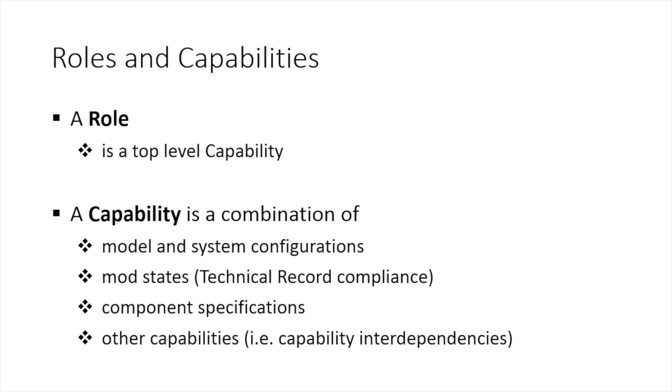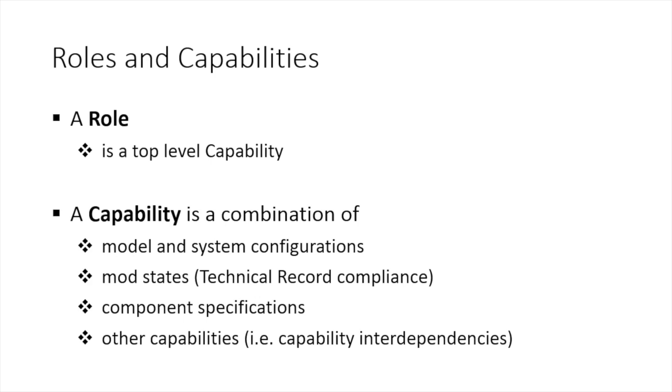So moving on from that, a capability is a combination of several things. First of all, it could be one or more model configurations and or system configurations in some combination that we'll see later. It can also include mod states, which would be one or more technical record compliance of those technical records. It can also be component specifications.